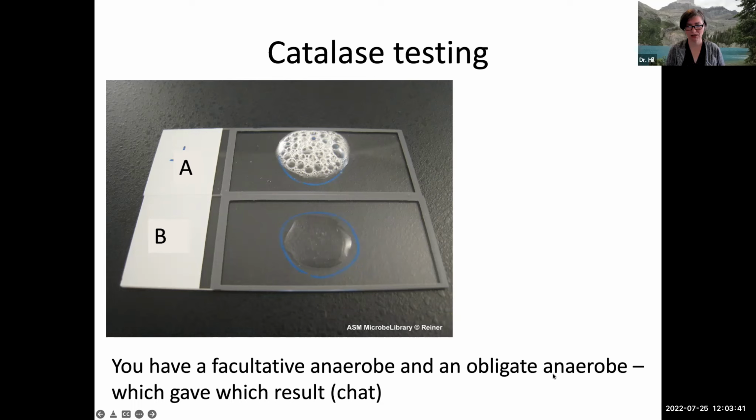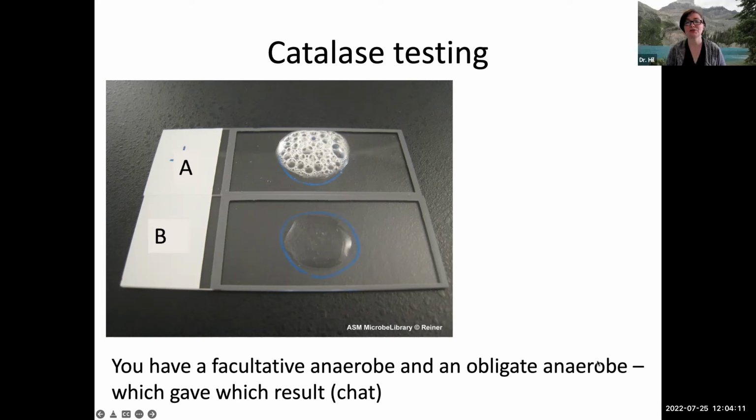If you have an obligate anaerobe and a facultative anaerobe, who's testing positive for catalase? That's right. It's obviously A, because the obligate anaerobe has no defenses against oxygen, so it doesn't have catalase.